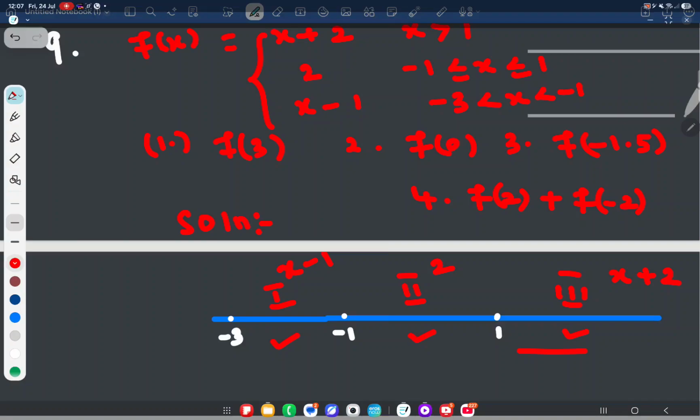This is x greater than 1. This is minus 1 less than or equal to x less than or equal to 1. This is minus 3 less than x less than minus 1. For f of x, first interval, x minus 1. For second interval, 2. For third interval, f of x is x plus 2.